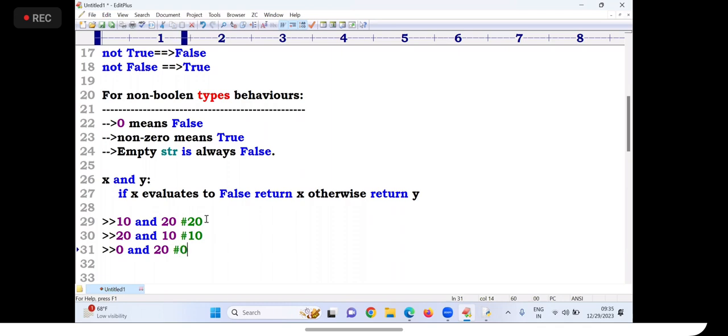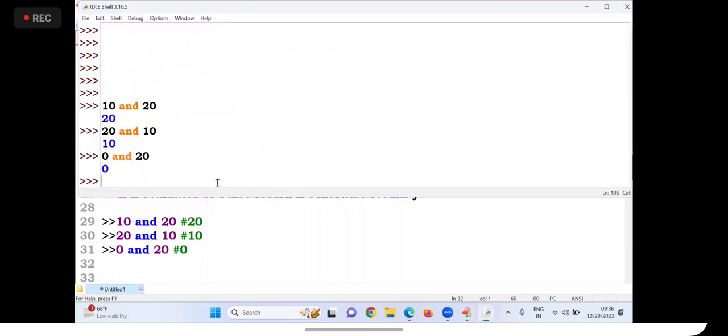If the first value is false, the value is 0. Now are you getting it? How it is working: blind logic is, if the first value is 0, then only the first value. Otherwise, always the second value only. Any number you can take. 1 and 20: is the first one 0? No. Second value. 2 and 30.